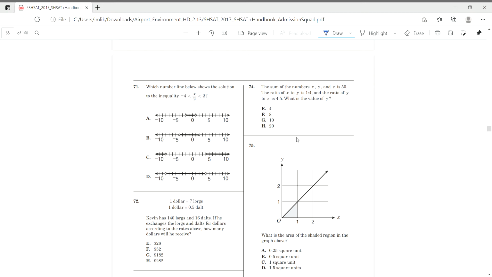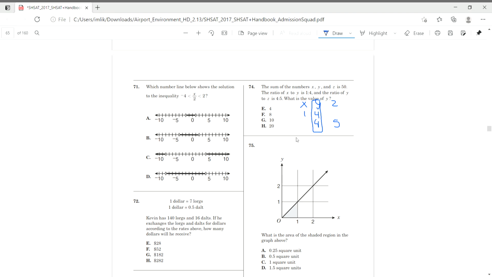A nice strategy I like to use when I'm given two ratios is to make a little chart. So I have x, I have y, and I have z. I know the ratio of x to y is 1 to 4, so I'll write 1 to 4. And I know the ratio of y to z is 4 to 5, so I'll write 4 to 5. What's interesting is that both of my y values are the same.